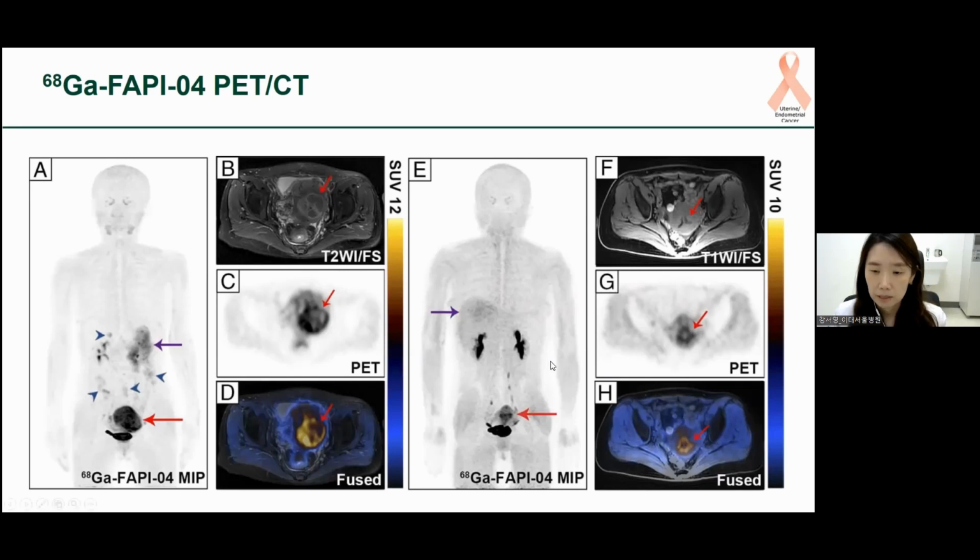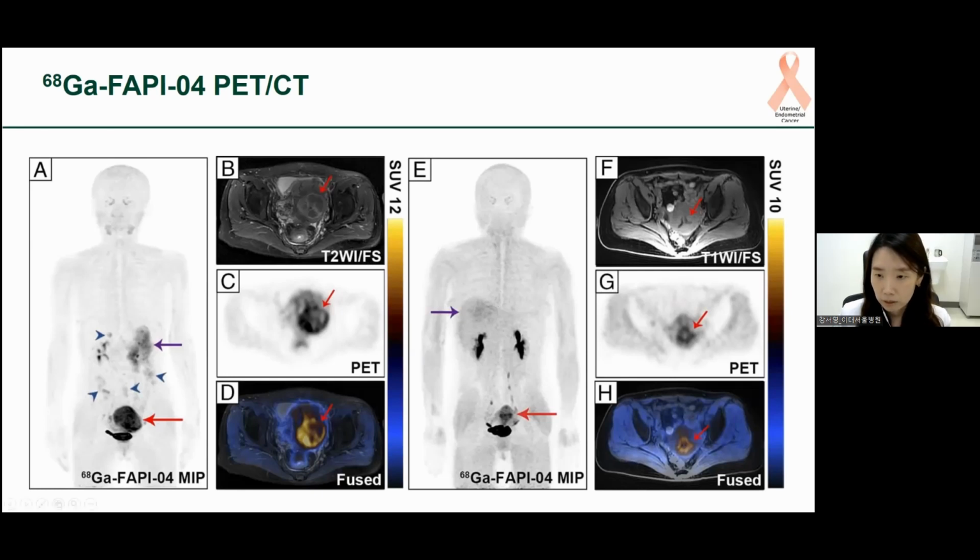And the second case is a 53-year-old woman with chronic hepatitis. You can see here diffuse uptake in the liver on the FAPI PET. FAPI is, as you know, fibroblast activation protein inhibitor, so diffuse fibrosis in the liver can be detected in FAPI PET.